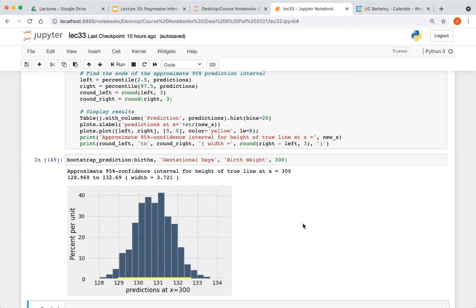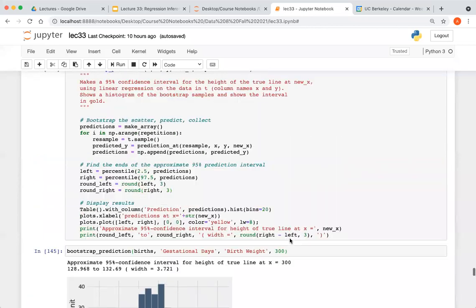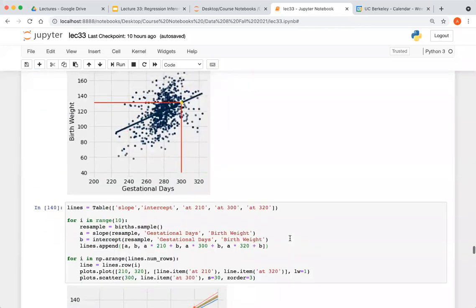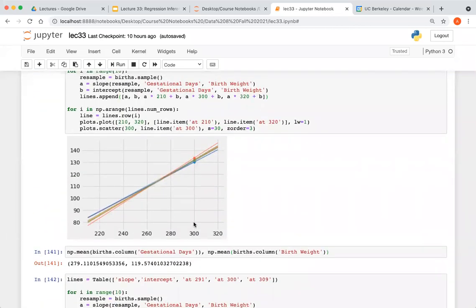That's what we're doing. Okay, so I knew I would come to this point. I'm going to quickly make one point without going through a lot of detail, and then we are going to move on to a more important part. You see, we were making a prediction at 300 and there was some spread. If we had taken a baby whose gestation days was 280, we would get a variety of predictions.